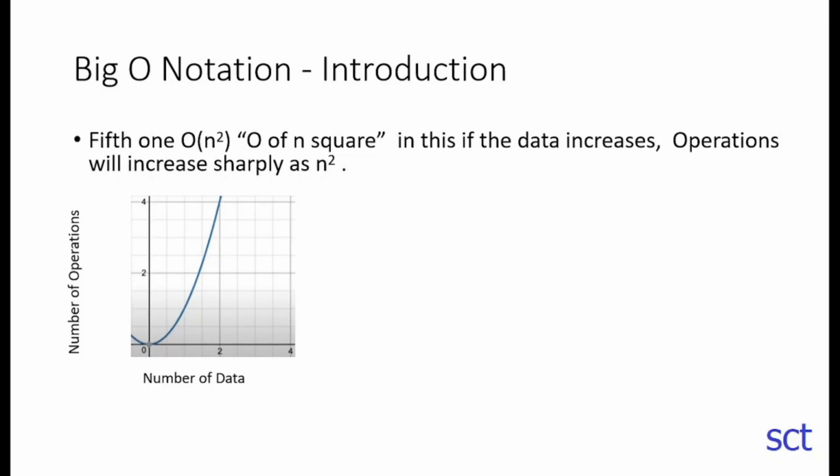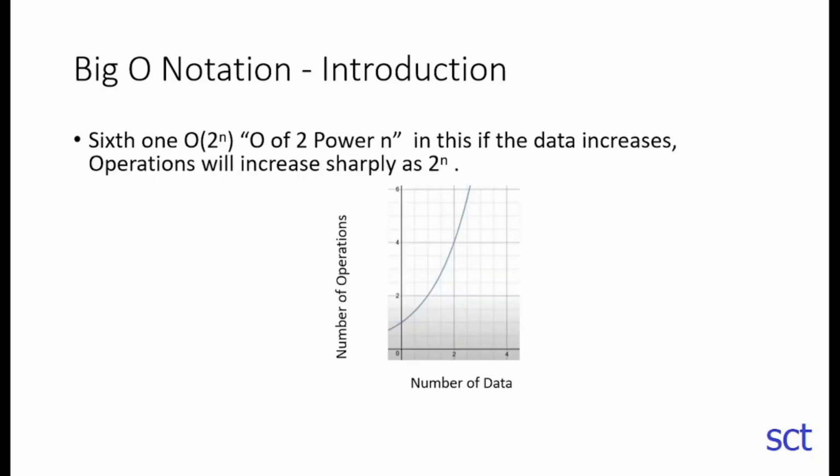In this, if the data increases, the operations will increase sharply as n square. And the sixth one is similar to that, O of 2 power n. If the data increases, the operations will increase sharply as 2 power n.